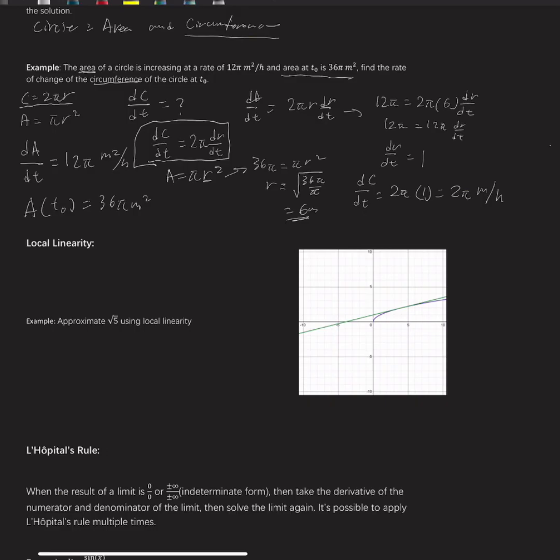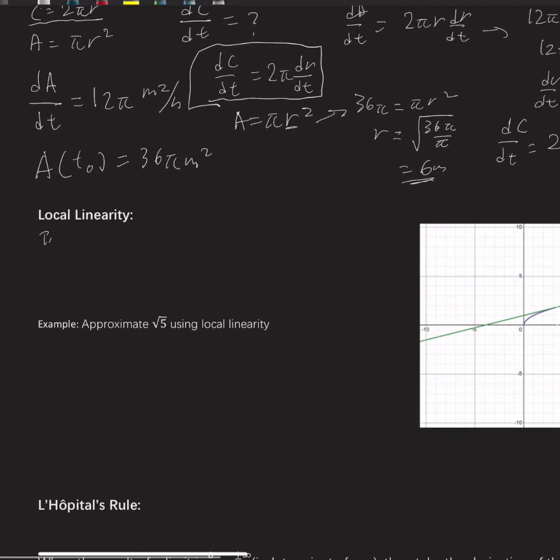Now let's talk about local linearity. What local linearity does is use a tangent line, which we learned in Unit 2, to approximate a value. The equation for a tangent line, if you recall, is y minus y0 is equal to f prime of x0 multiplied by x minus x0 at point (x0, y0).